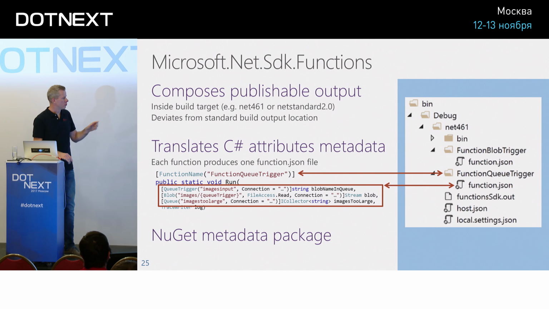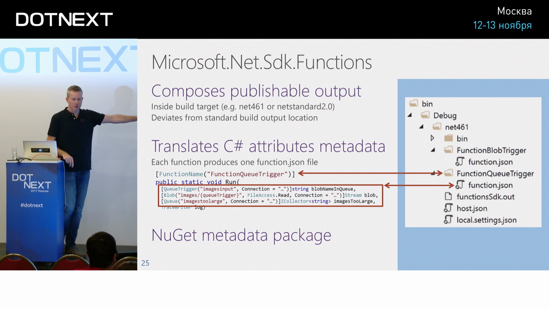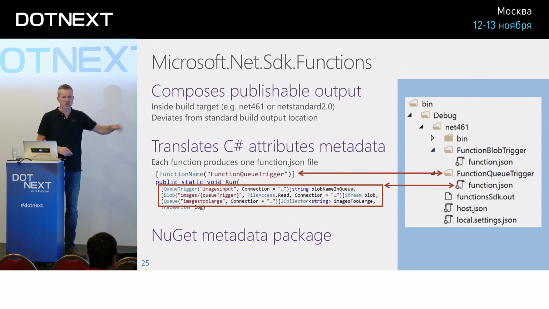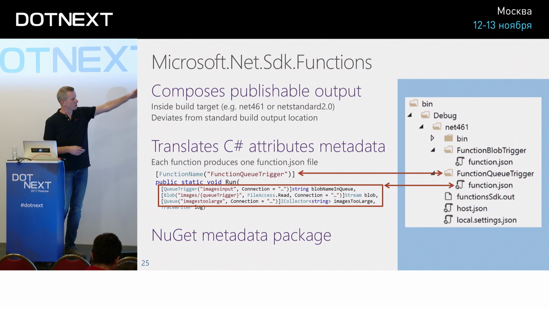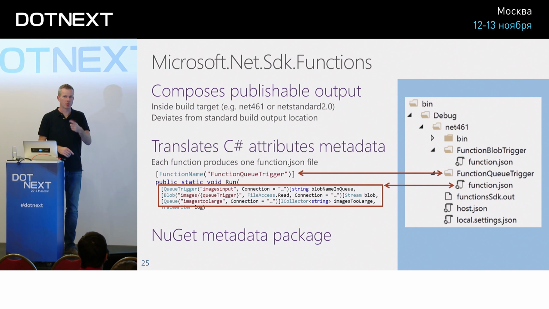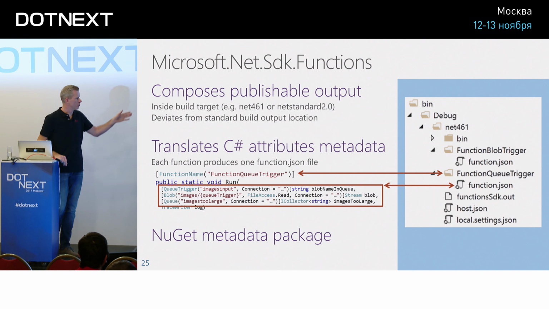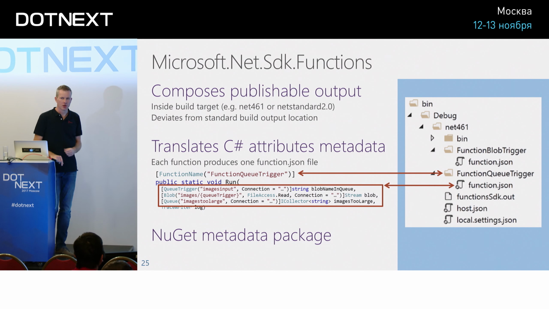Then the other thing, because why do we put all the things there? Don't read the things inside of the big red square, but that's just the attributes that we put on our run method. We have the function name, which generates this folder inside of your deployment location for your function. One folder per function, and inside of it will be one function.json file, which will be generated based upon whatever metadata is there. And this is all taken care of by the .NET Functions SDK.